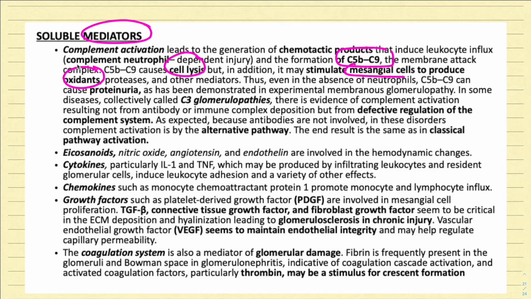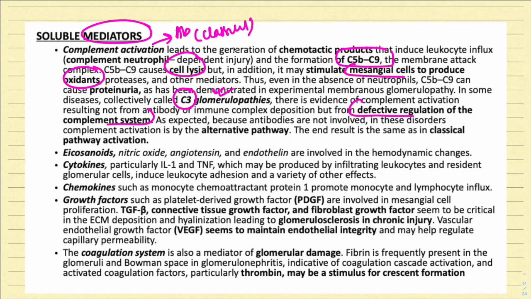And one thing which is very important is that in some diseases called C3 glomerulopathies, there is evidence of complement activation, not because of antibody or immune complex, but because of defective regulation of the complement system. Here the alternate pathway is classically involved. Remember, mainly the complements are activated by the antibodies, in the case of the classical pathway.